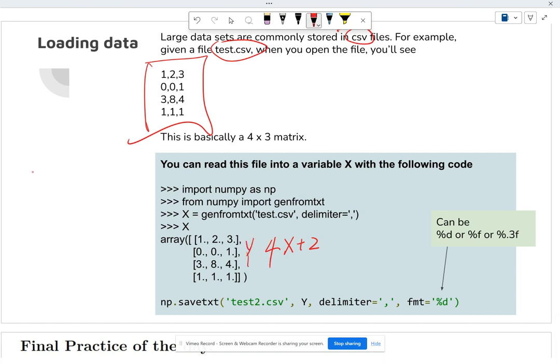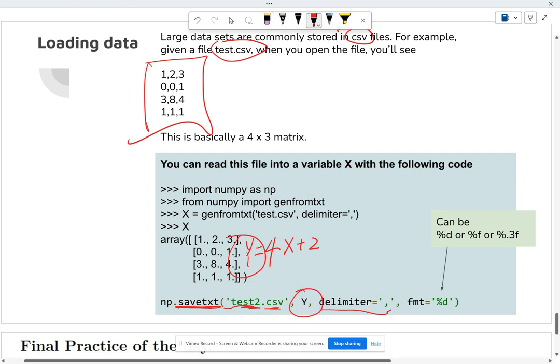Once you do the manipulation, you can say y is equal to this, and then y becomes yet a different matrix. Then you can save y into test2.csv. So np.savetxt allows you to do that. And the delimiter, once again, you want to use comma, and you're saving the y matrix.